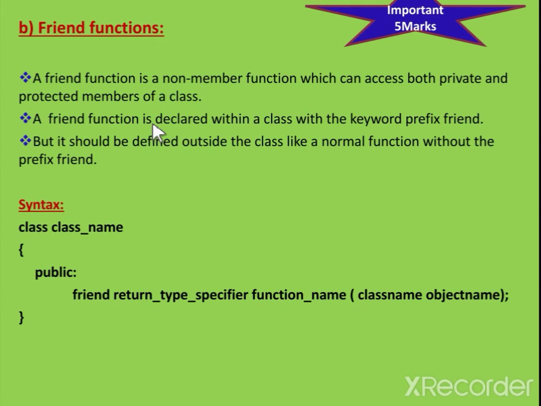Members declared under private, students, listen carefully, are accessible only within the class. The members which are declared using protected can be accessed only by the member functions or friends of the class and also by the member functions of classes derived from this particular class.